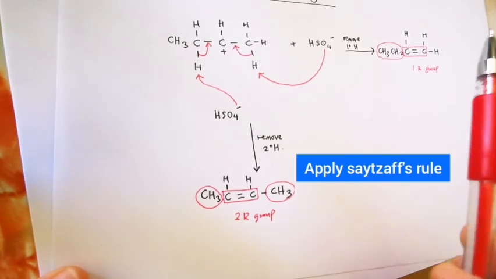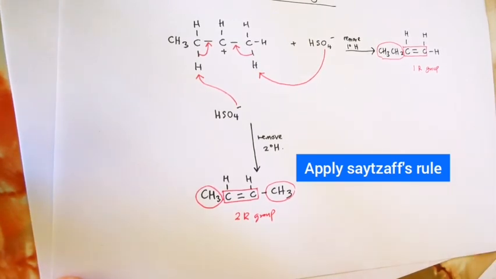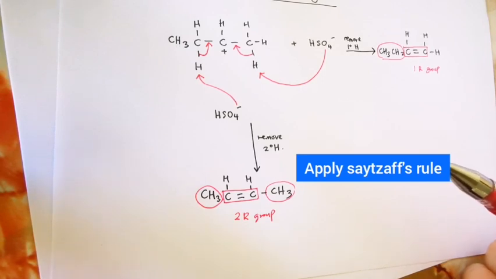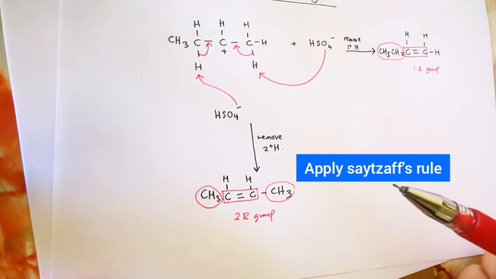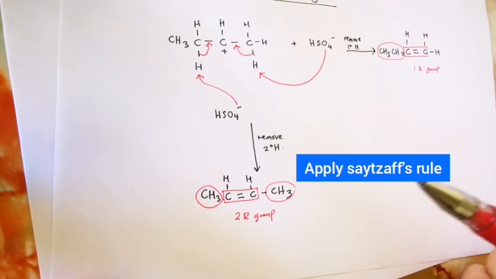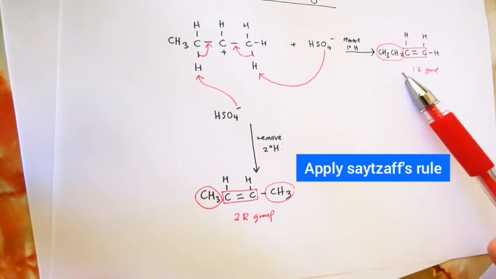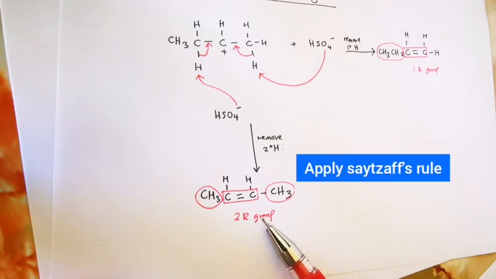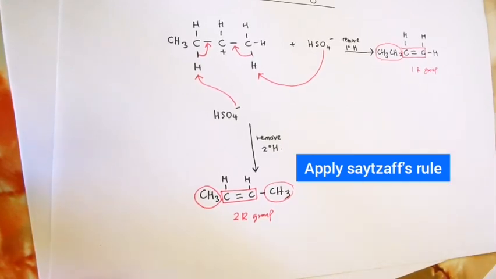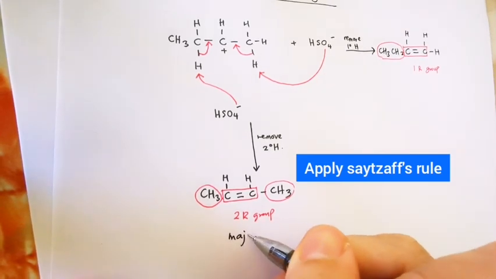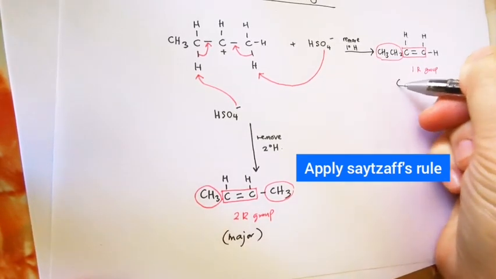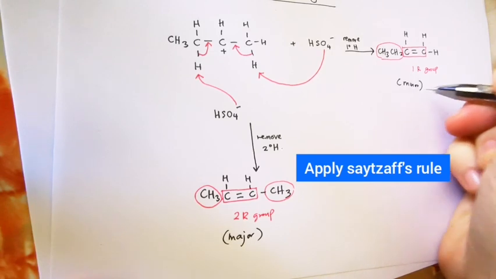According to the Zaitsev rule, the major product will be the most stable alkene, and the most stable alkene is the highly substituted alkene. Highly substituted here means the alkene with more R groups. So we compare these two products, we can see that this product has more R groups compared to this one. That's why this will be our major product, while this one will be our minor product.